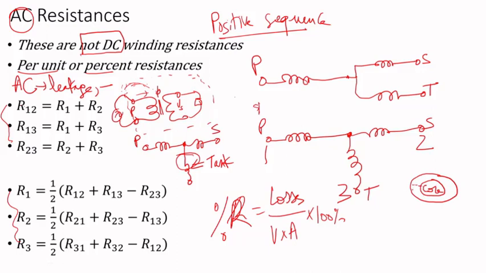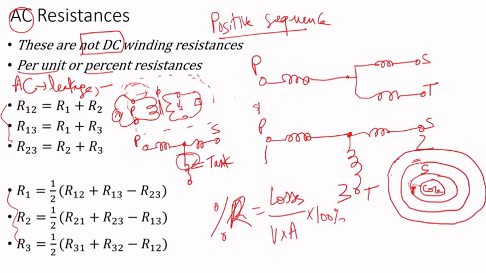The tertiary, for instance, might be next to the core, with some gap and insulation in between for dielectric. Then you have the secondary, then some gap made up of insulation, oil, and other things, because you have to make sure you meet the dielectric requirements. Then you would have the primary or high side.